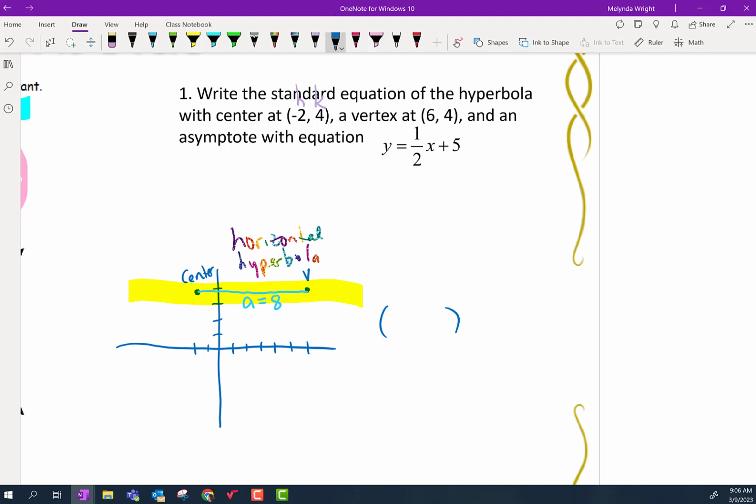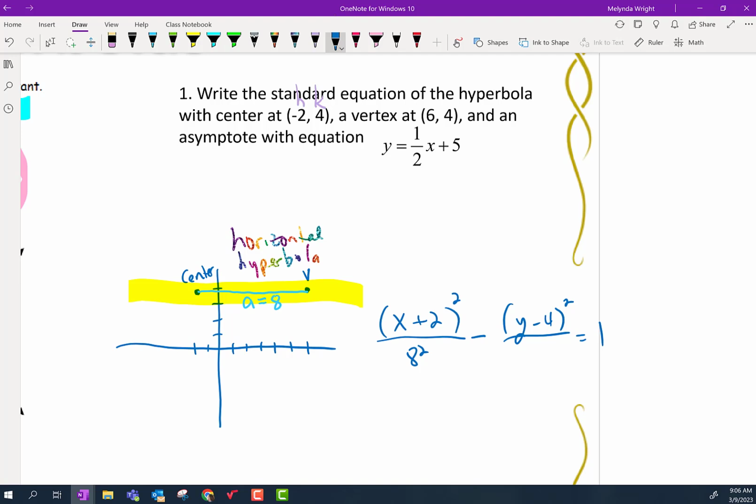So this is going to be x minus negative 2, which is x plus 2 squared over, and we said a was 8, so 8 squared, minus y minus 4 squared over, we don't know, is 1. Were we able to get most of the information from just that little bit about the center and the vertex? We were.